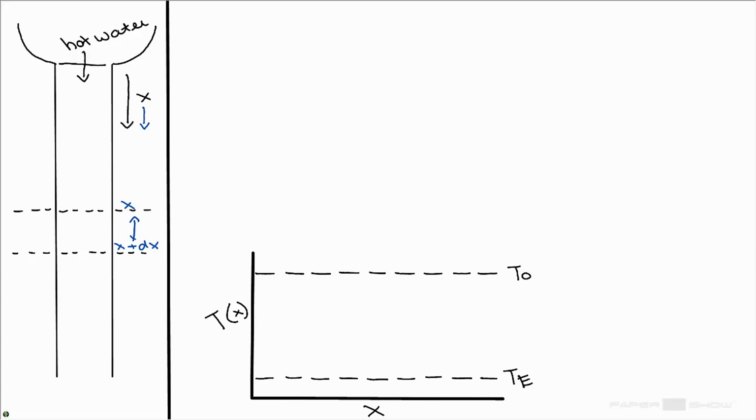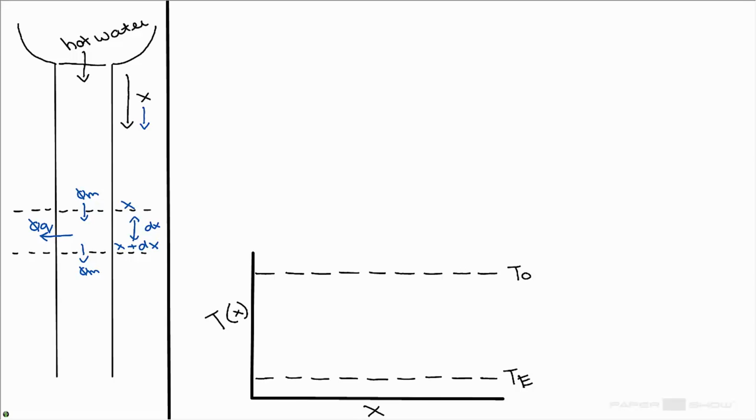So this distance is equal to dx. And water is flowing in and the same water is flowing out. But there may be temperature differences due to the fact that heat is flowing out via this side of the pipe.